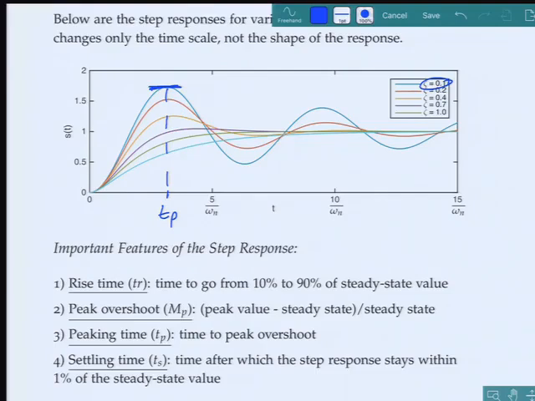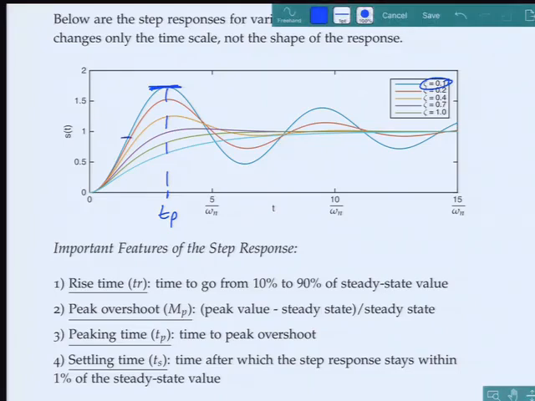I only asymptotically converge to 1, right? But I can ask, when am I within 1% of the final value, 1 in this case, and I never leave that again, right? So of course, you can't say when is the first time you're within 1%, because that will be around here.